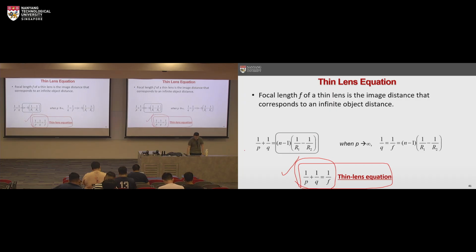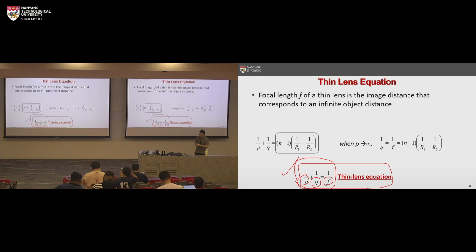So in the end, you only need to know what P is, what Q is, and what the focal length of the lens is. It's the exact same equation as when you calculate the mirror. That's why in this chapter 2, we only have one single equation to go through all the questions, including tutorial and your final exam. You are using this equation for mirror, and you are also using this equation for lens.